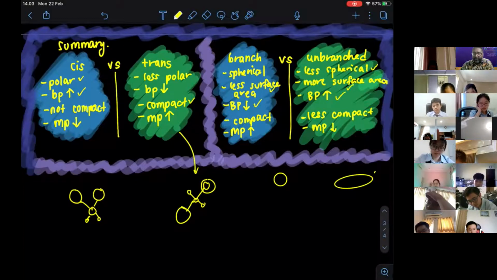But when we look at the arrangement, the branched will have a more compact arrangement, which results in a higher melting point, and unbranched is going to be less compact and will result in a lower melting point. This is going to be the lesson for today.